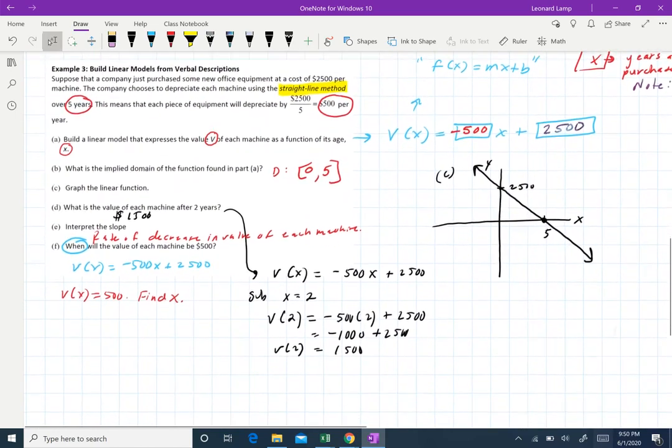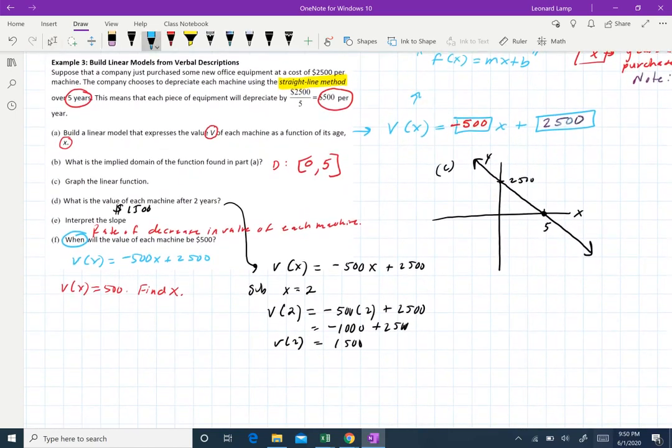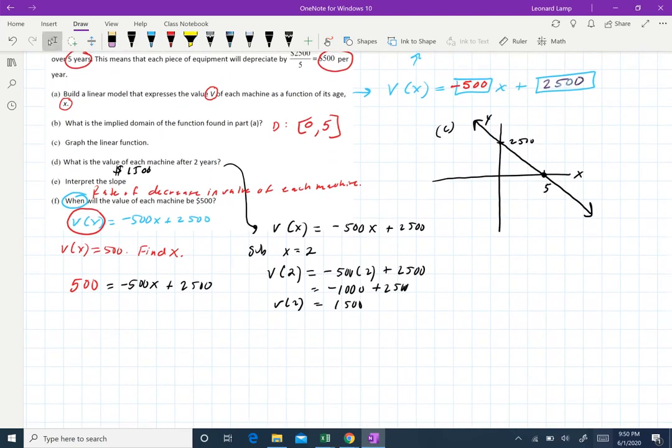So how many years until the machines are worth just $500? This piece is 500, the whole thing, that's the value. So if we solve for x, subtract 2500, you get negative 2000 is equal to negative 500x.